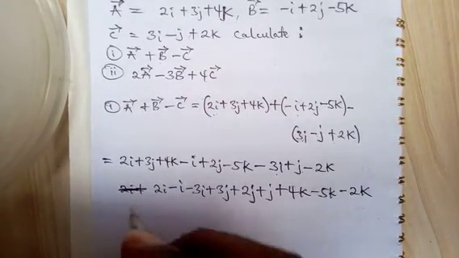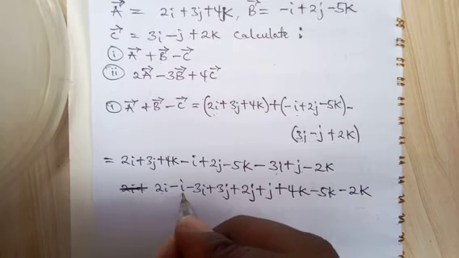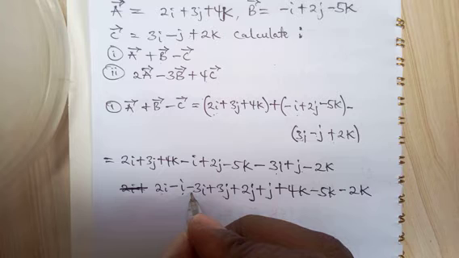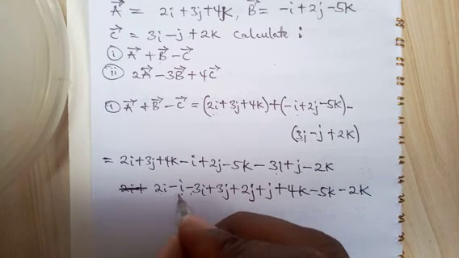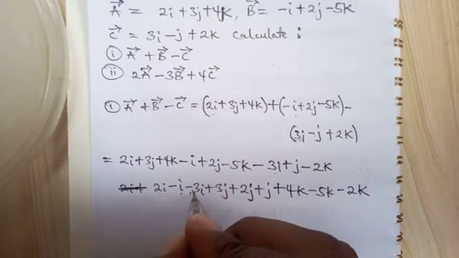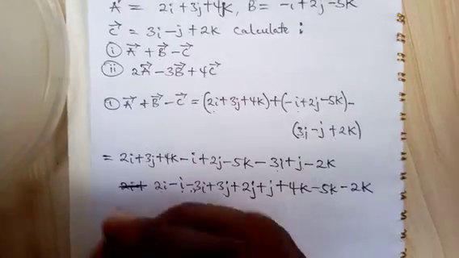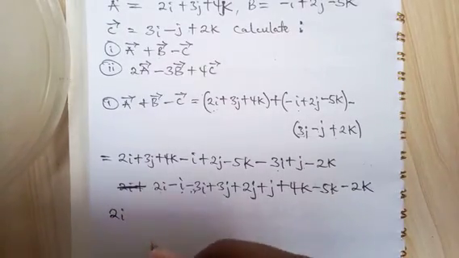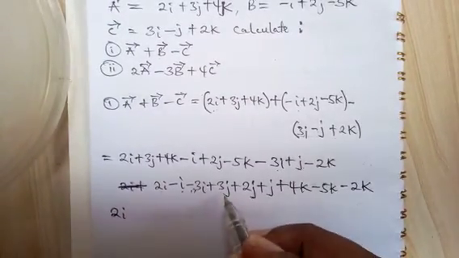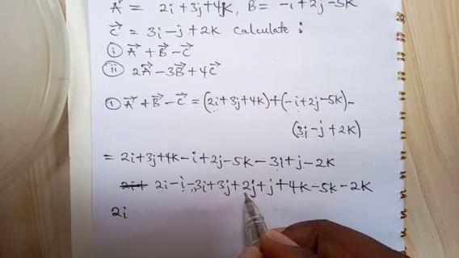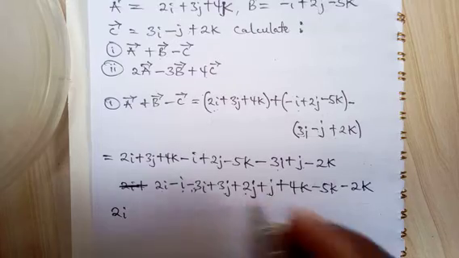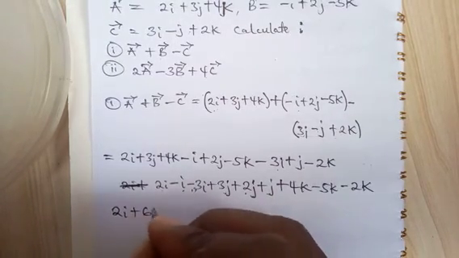So we now simplify. 2 minus 1 will give you 1. 1 minus 3 will give you minus 2i. 3j plus 2j will give you 5j, plus 1j will give you 6j, so positive 6j.